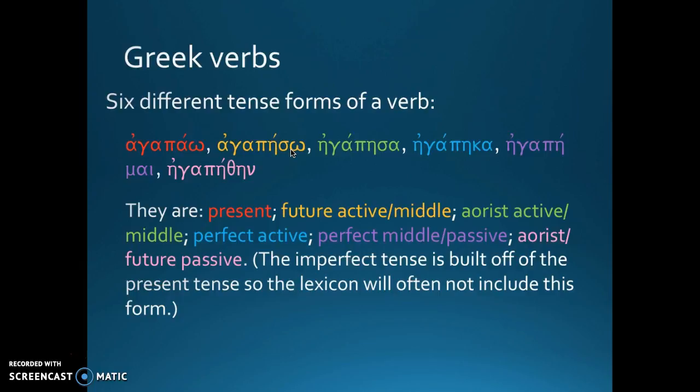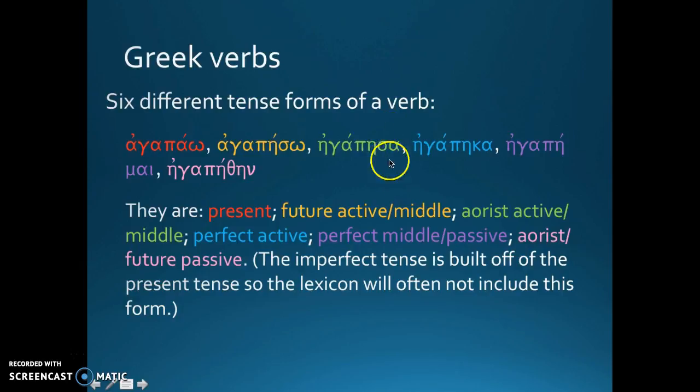For our purposes, we will simply scroll our arrow or cursor over that word using BibleWorks, and we will be able to get the parsing, which tells us all the details about that verb in a particular form all at once. But this future active or middle are built all off of this same root of the word, as is aorist active or middle. So it's not going to be both.